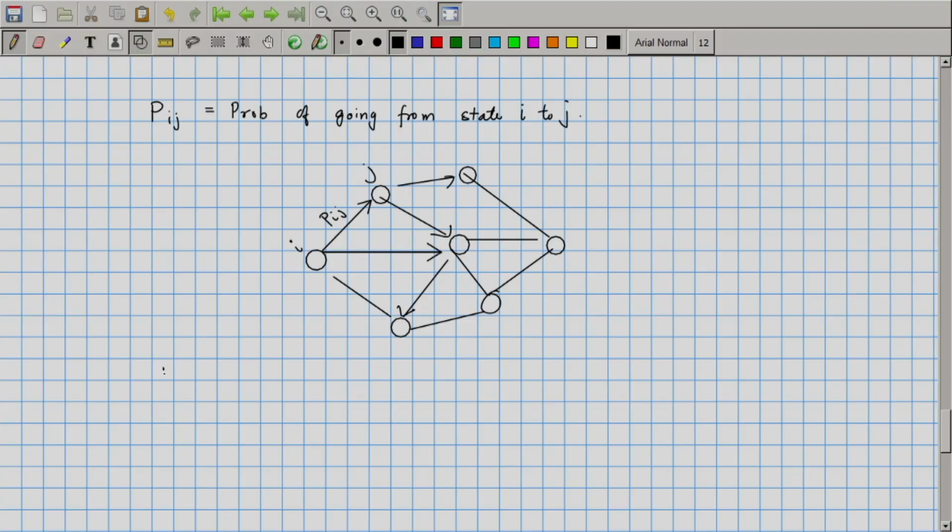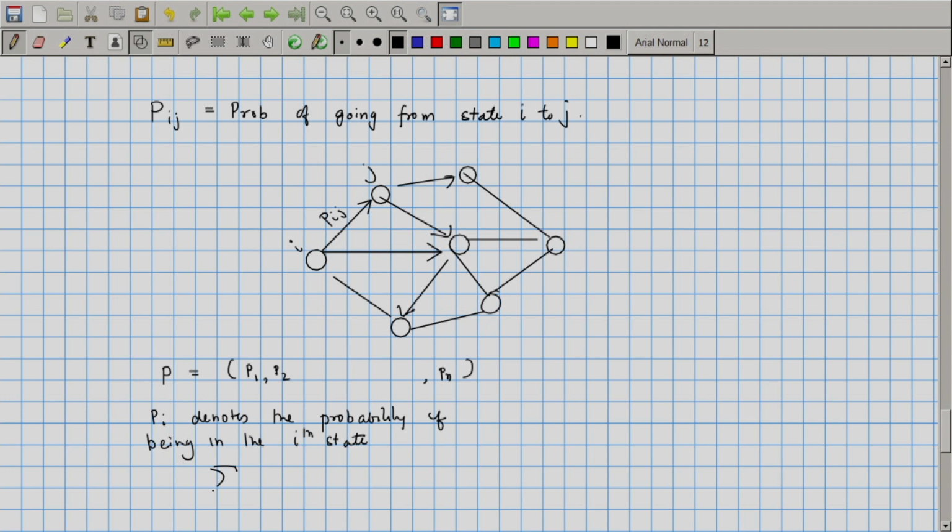So, we will denote that information by a probability vector. So, p is this vector where the components p1, p2, ..., pn denote, pi denotes the probability of being in the ith state.